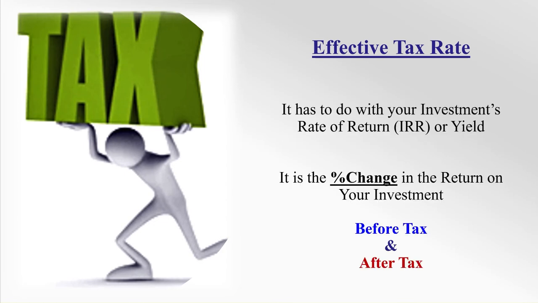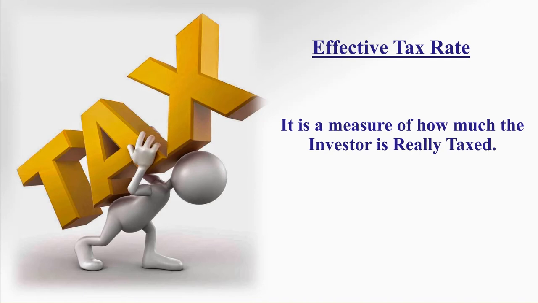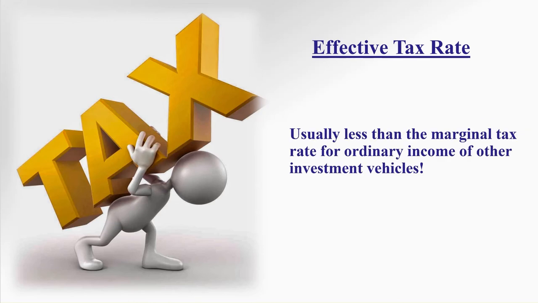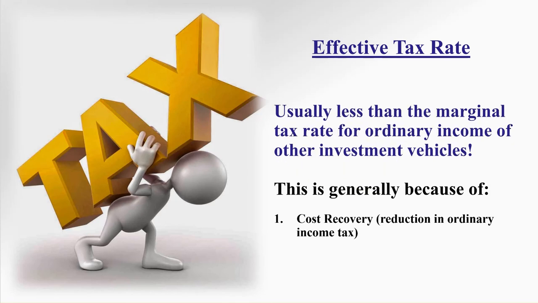And it has to do a lot with your yield before and after tax, yield or internal rate of return. So it measures how much you're really taxed at, not just your tax rate or tax bracket. And this is usually less than the ordinary income tax rate, which is your marginal tax rate. It is generally less because of two reasons.